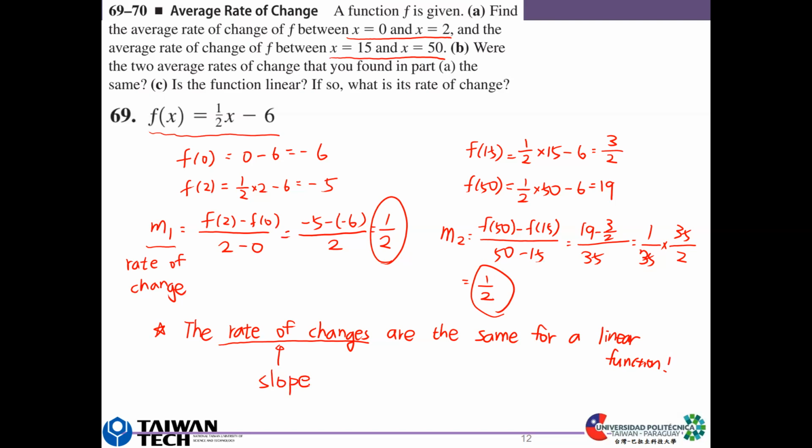The slope of a linear function at any segment is the same. So this is a simple problem, but I just want to tell you this: if it's a linear function, at any point its slope is the same. Okay.